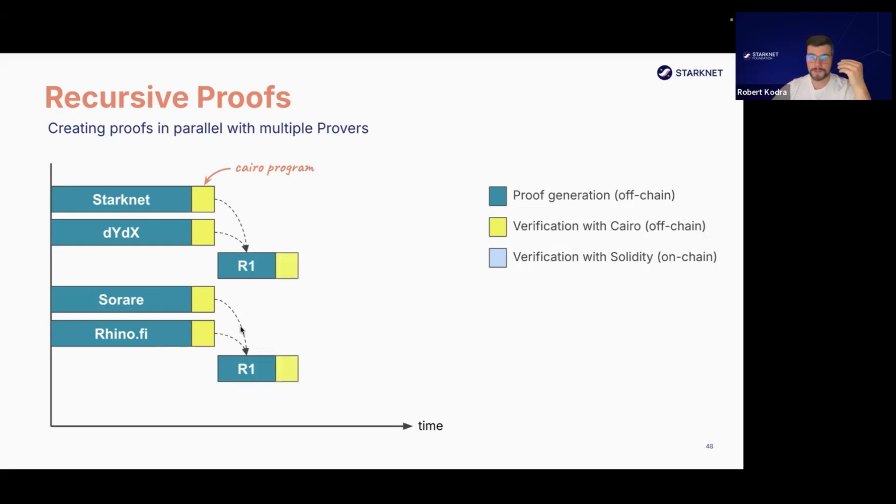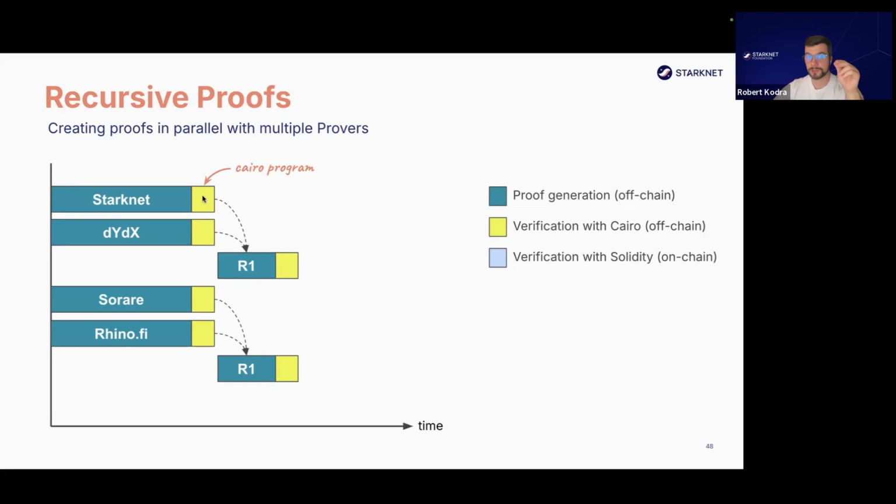Now, the same process repeats itself. These validity proofs from these two Cairo programs are being sent to the verifier, the internal module. And then from this, we're going to create a new recursive proof. So this is where the recursion happens, right? We bundle these two together. We have a Cairo program, we create a recursive proof of it, and we repeat the same process again.